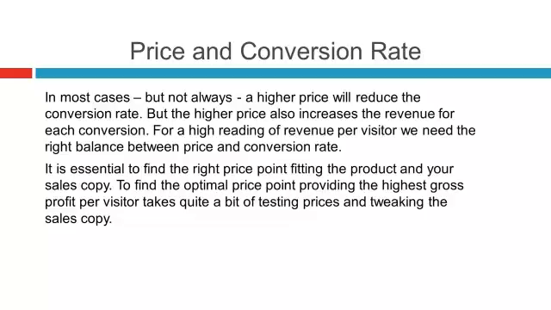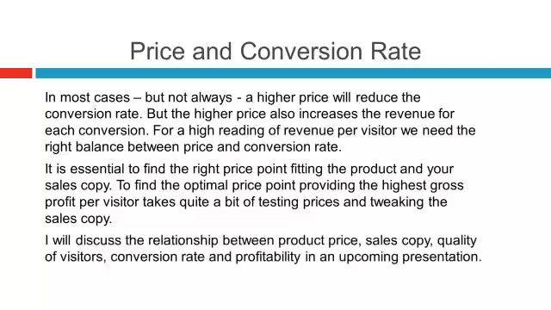To find the optimal price point, providing the highest gross profit per visitor, takes quite a bit of testing prices and tweaking the sales copy. I will discuss the relationship between product prices, sales copy, quality of visitors, conversion rate, and profitability in an upcoming presentation.